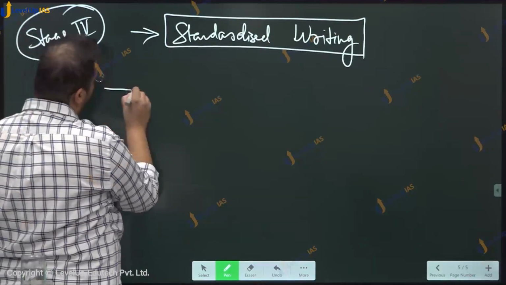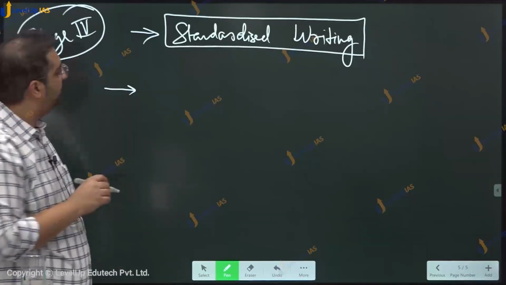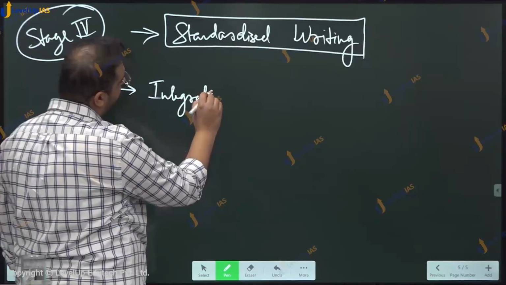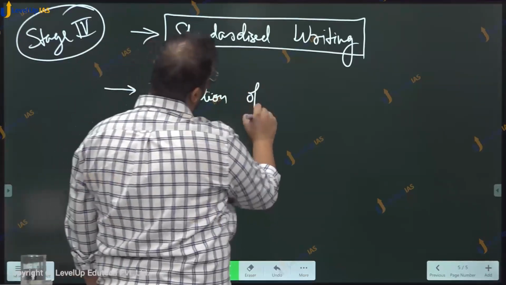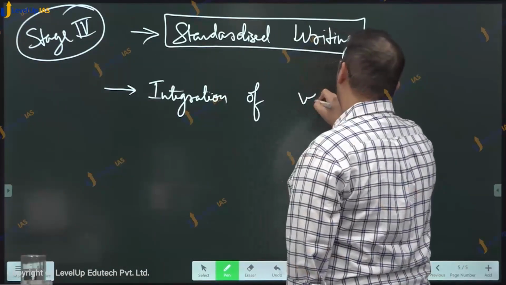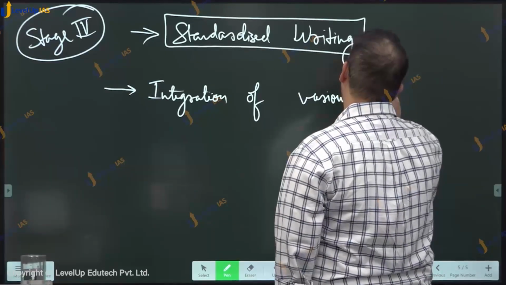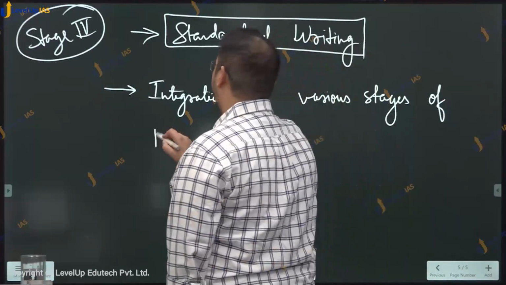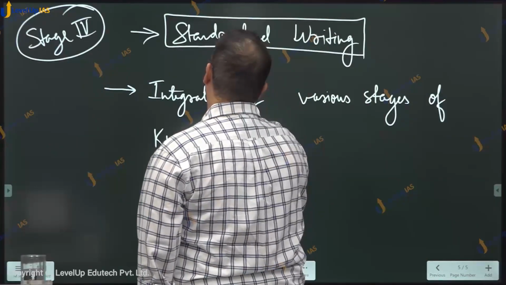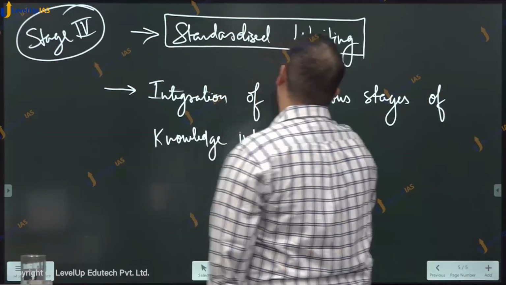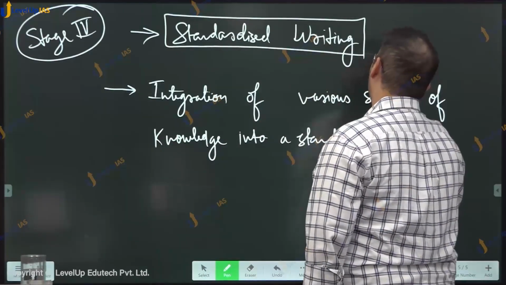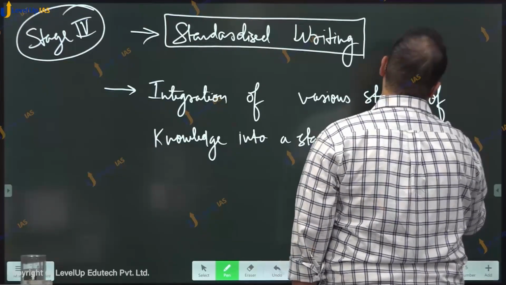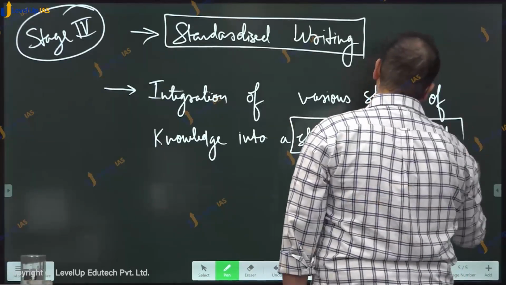ठीक है, तो here we will try to integrate the various stages of knowledge into a standardized format. और ये standardized format किसके ऊपर डिपेंड करेगा?